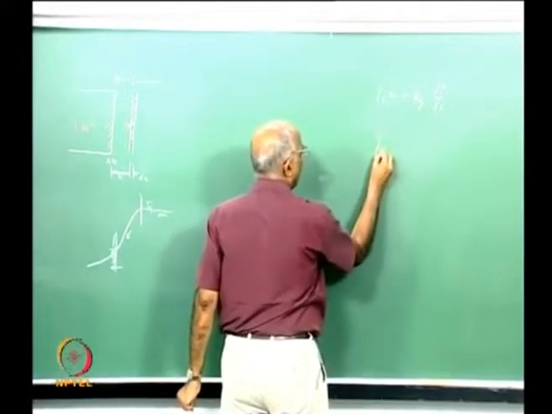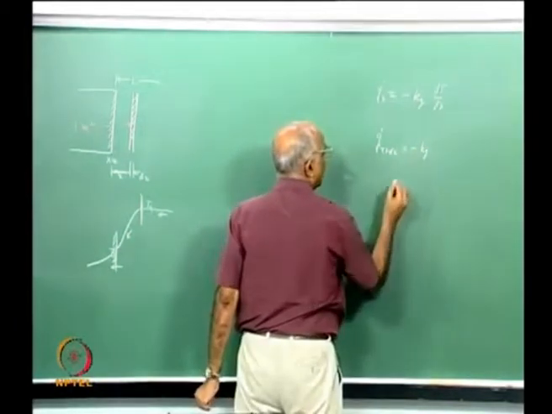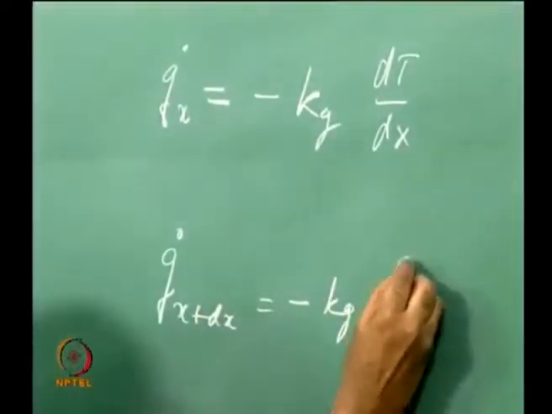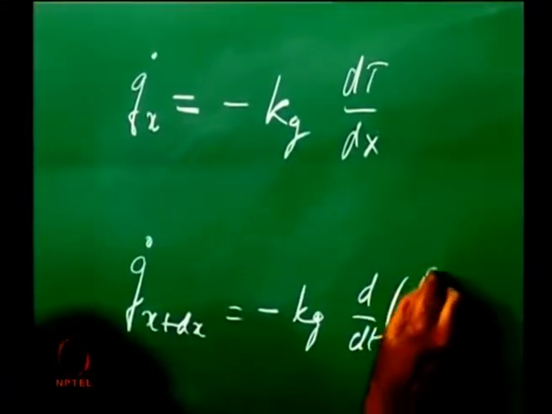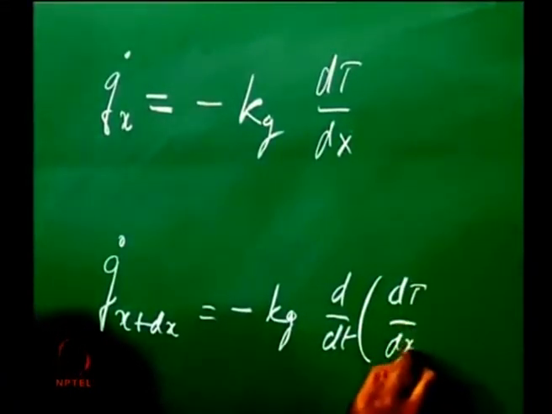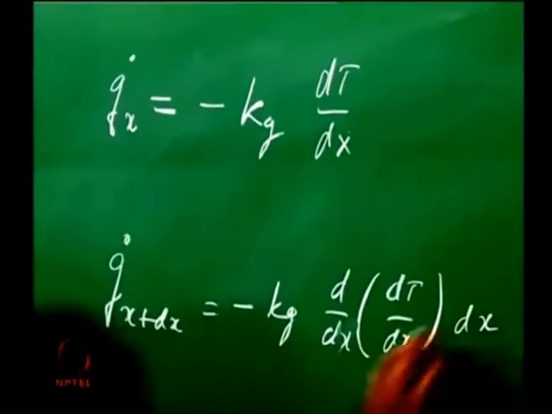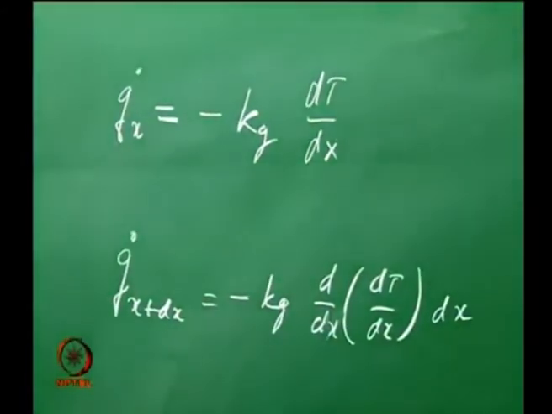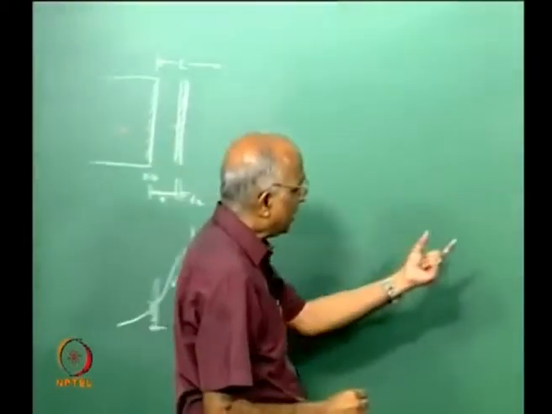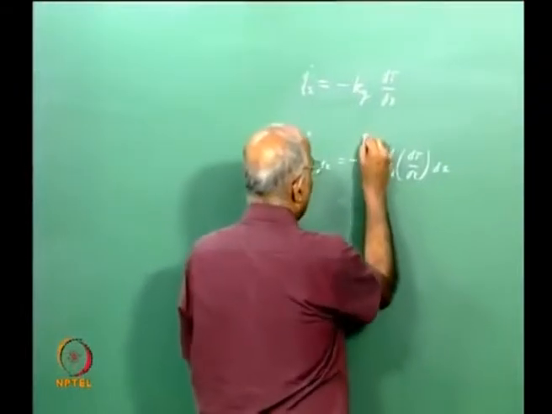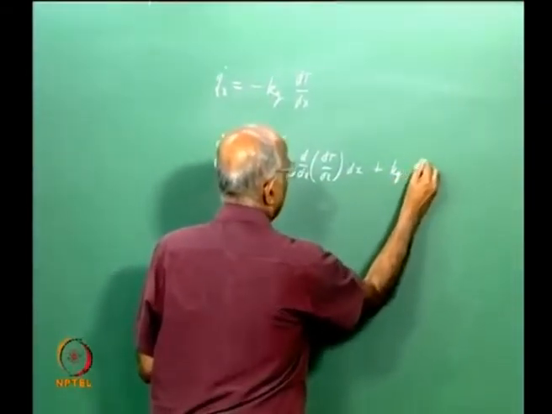Q dot at x plus dx is equal to minus kg into dT by dx plus a small increment, d by dx of dT by dx into dx.